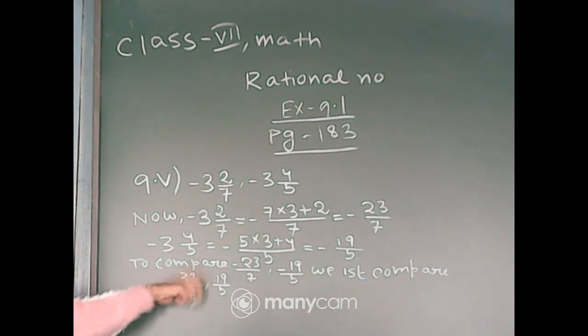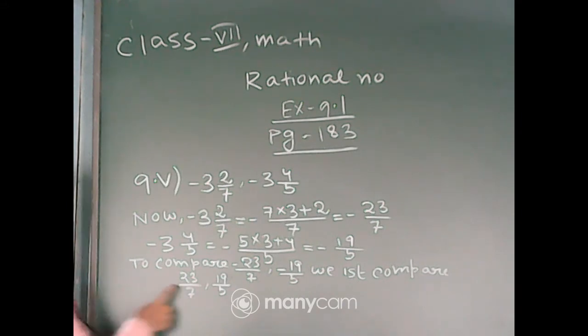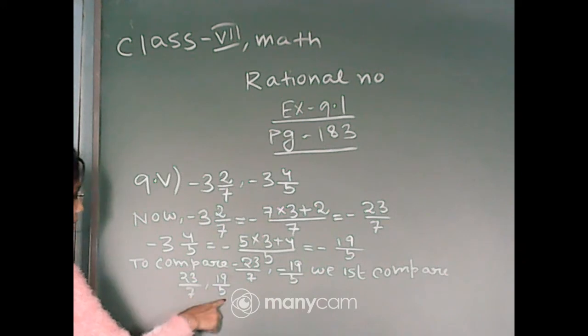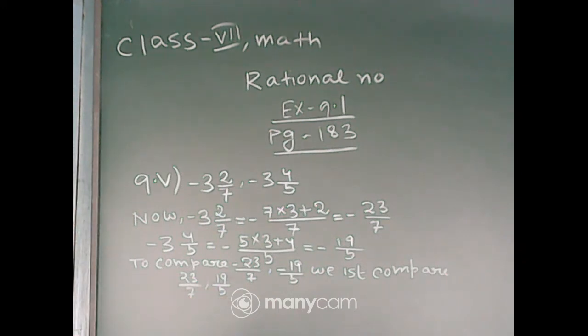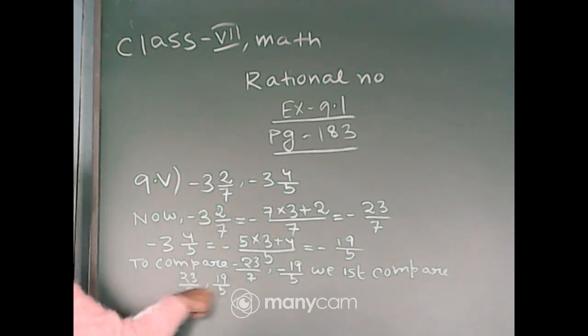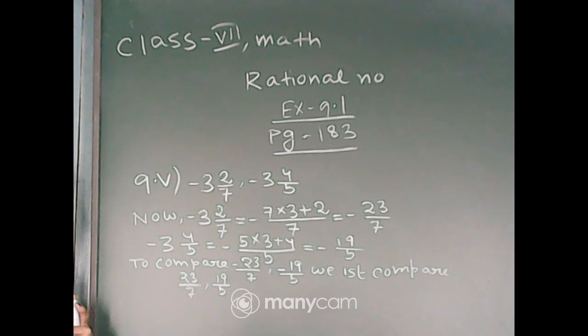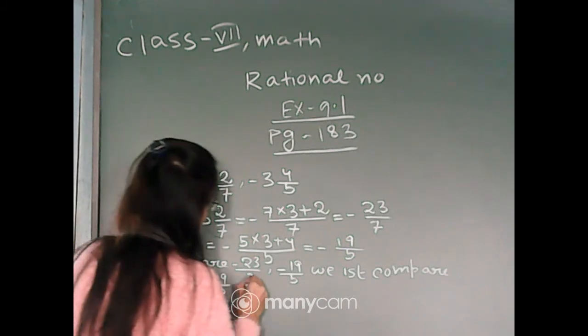Now, these are unlike fractions because their denominators are different. So, we first find their equivalent fractions which have the same denominator, and the same denominator is given by LCM of 7 and 5.